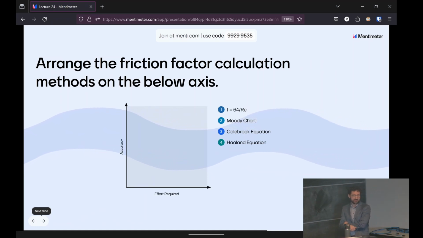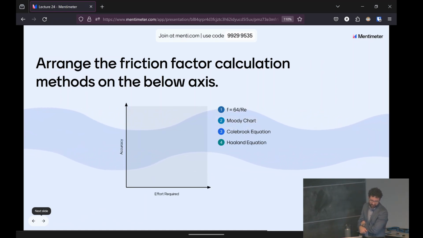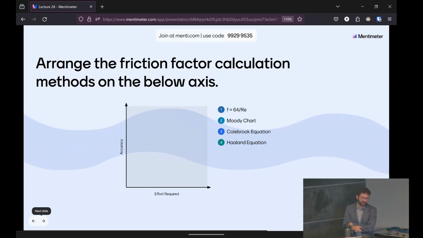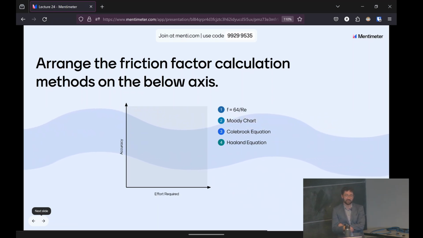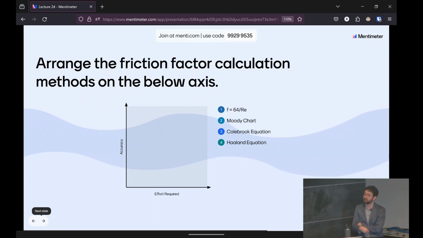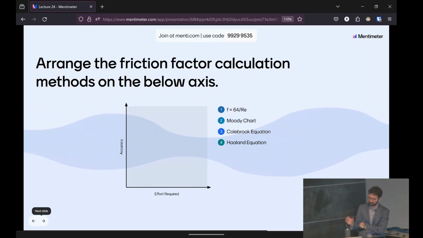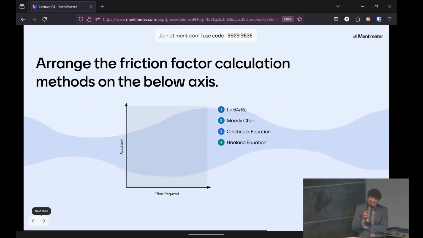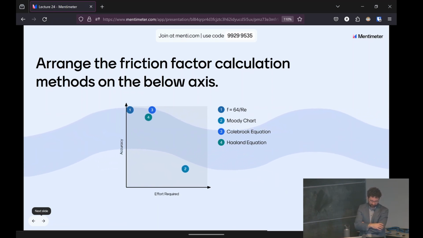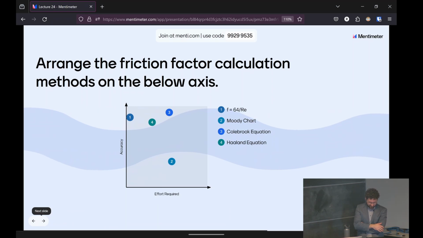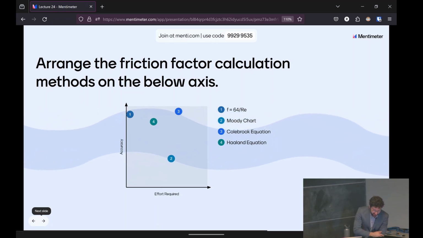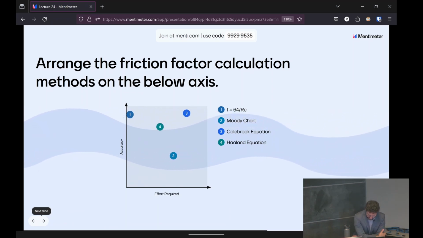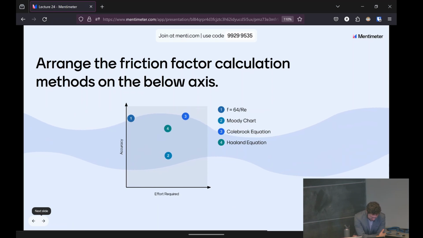So give me your opinion now, on a plot of effort versus accuracy of these different friction factor calculation methods. I haven't actually tried this before, so I think these points are going to be the average of our 10 submissions.